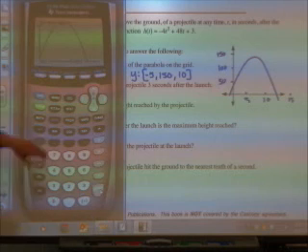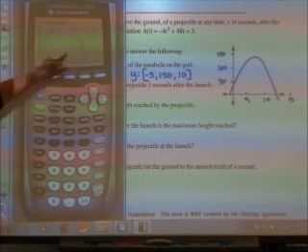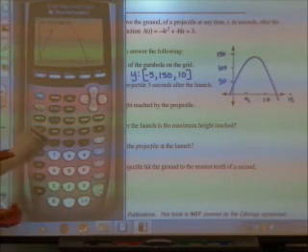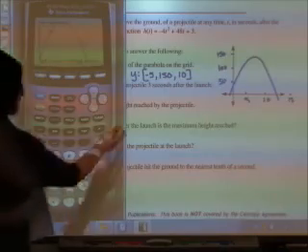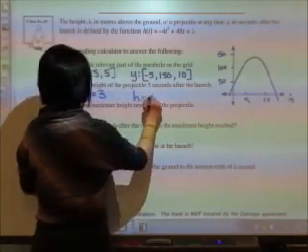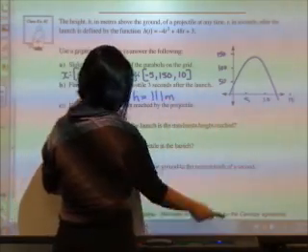Press enter, and it jumps to 3, and it gives me a y value of 111. So 3 seconds after launch, the projectile was 111 meters in the air. So the height would be 111 meters.